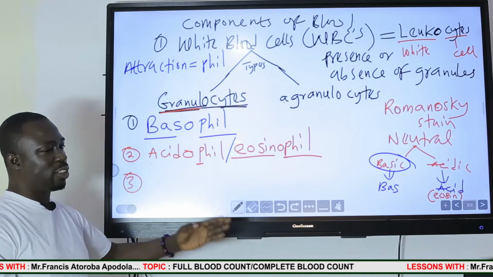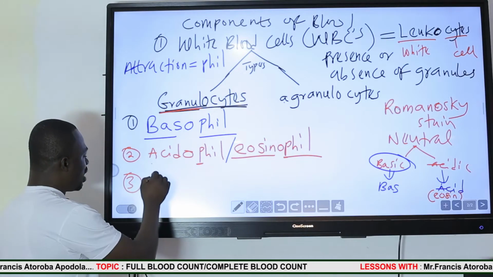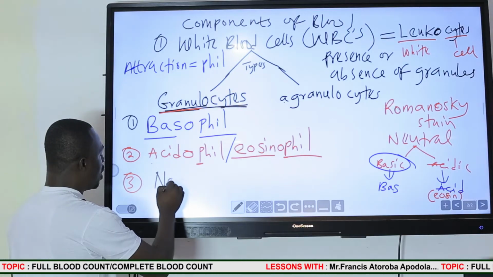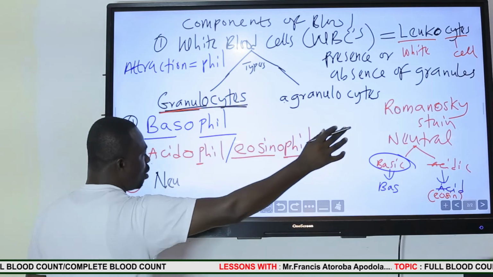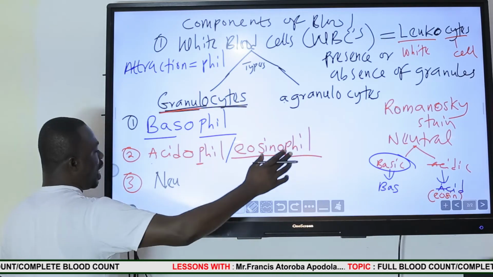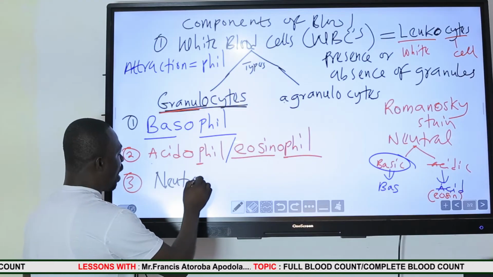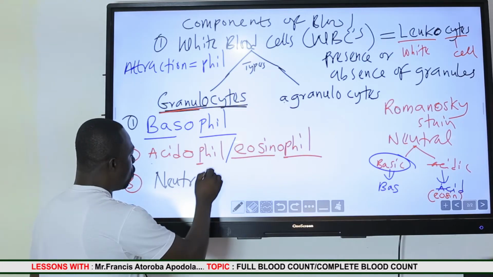Then the third cell showed an affinity for both the basic and the acid part of the dye, and hence that cell was shown to be neutral. It did not show affinity for the basic dye alone or the acidic dye alone. So the cell was described as neutral, neutrophil.